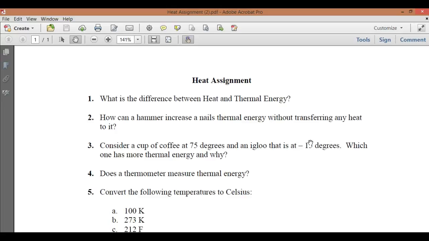So, remember, we're talking about thermal energy, which means we're either adding particles or we're somehow making the particles move faster. Sometimes it's both. So think about a nail. Here's the head of the nail here.